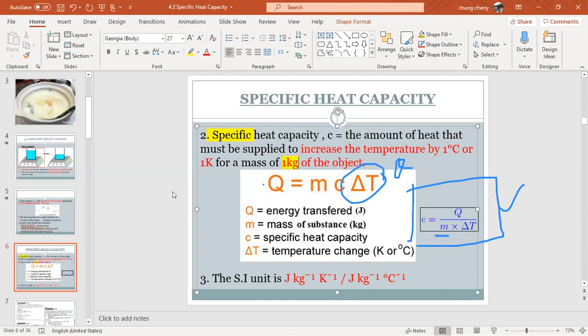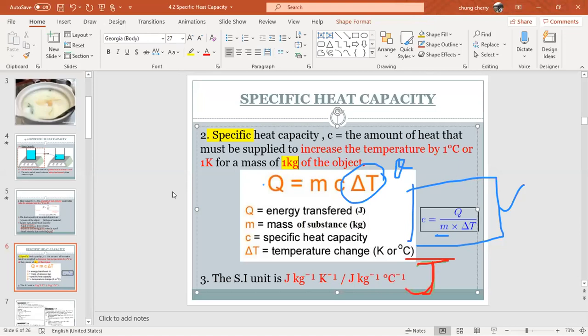So how are you going to identify the SI unit for specific heat capacity? Based on the formula. As you know, heat is a kind of energy. Energy, usually we measure it in what? In joule.